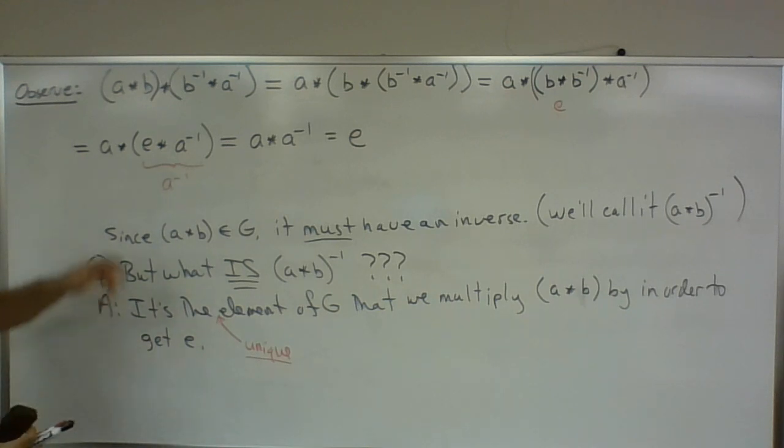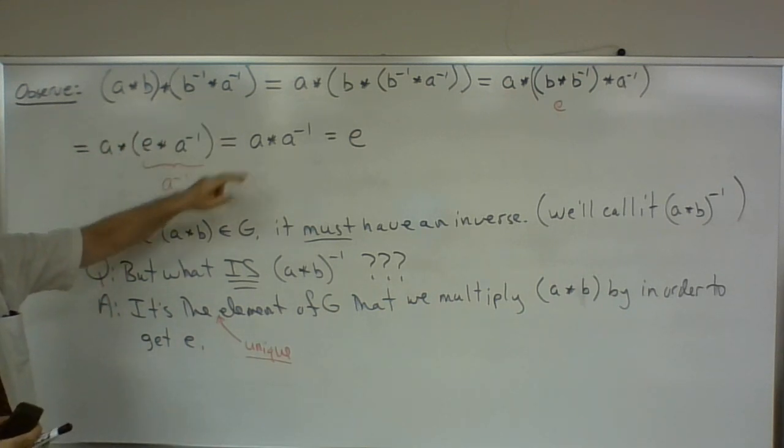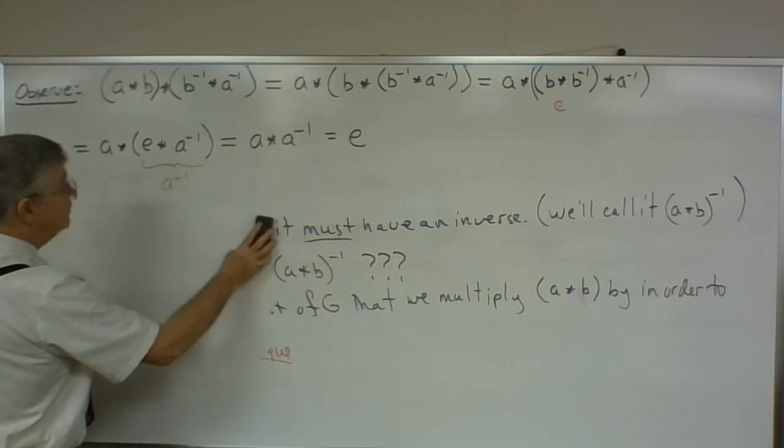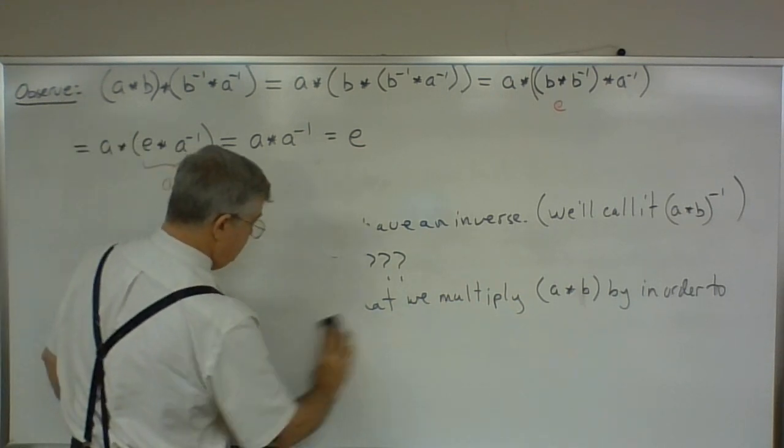Okay, so if we multiply A star B from the right by this element, we get the identity. Does that also work if we multiply A star B from the left? Well, we'll check it out.